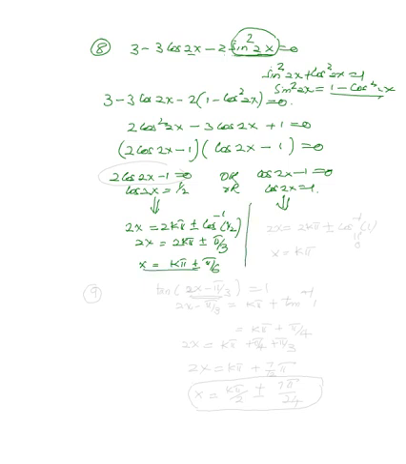So that's the solution coming out of the first set of factors. And the second factor will give cosine of 2x is 1. What that means is 2x is the same as 2k pi plus or minus cos inverse of 1, which obviously is 0. So we have 2x equal to 2k pi, so x equals k pi.